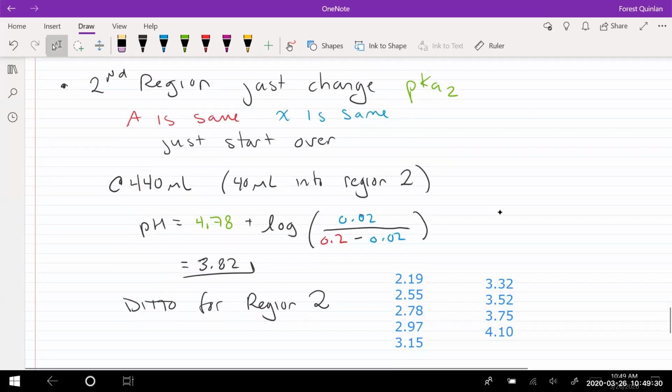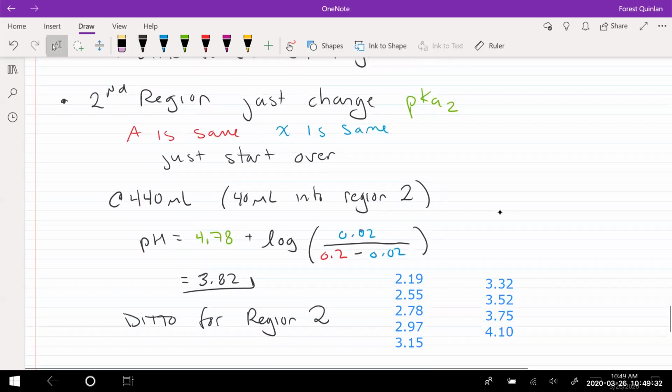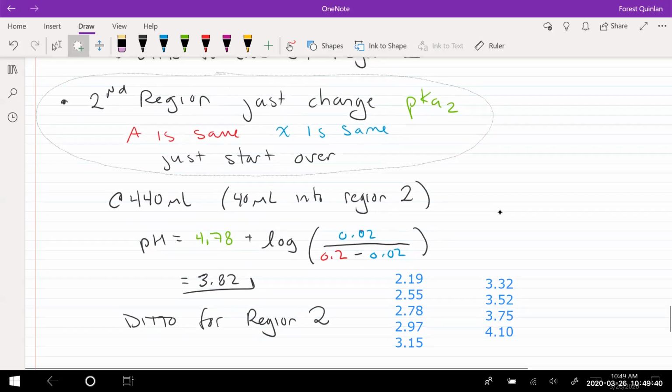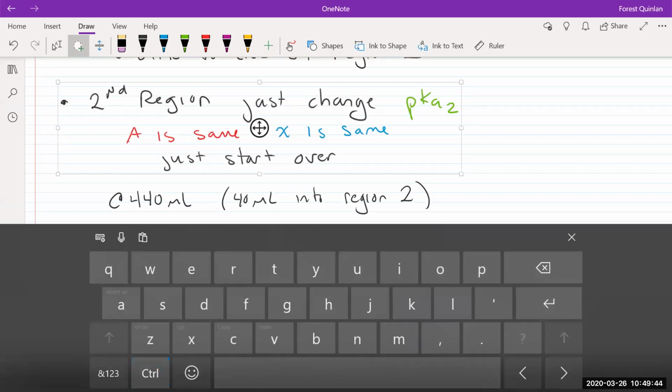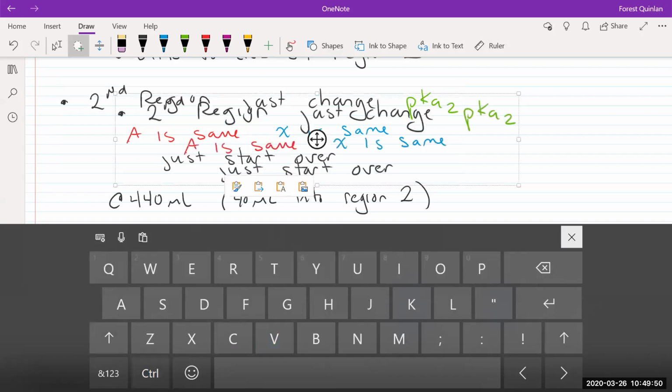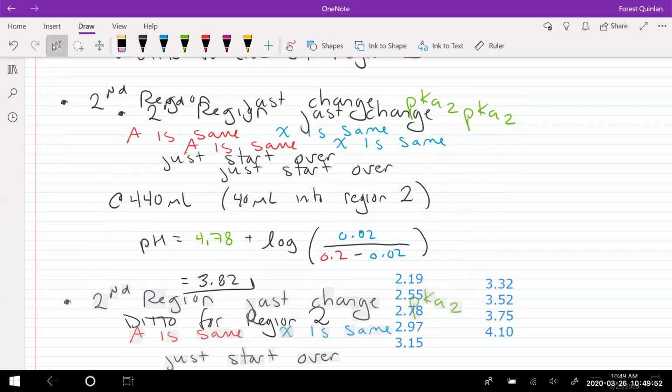All right, so third region, everything's the same. I guess I could just do this. I hate doing this to you guys. But why can't we just control copy, control paste, and then drag this thing down?